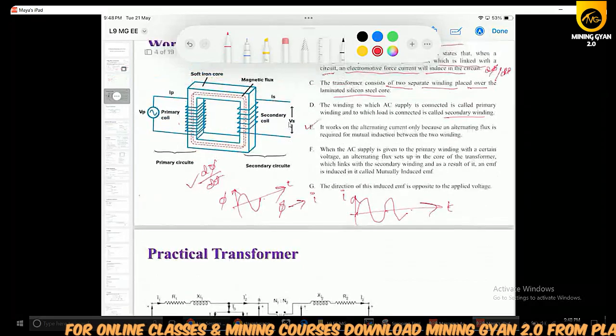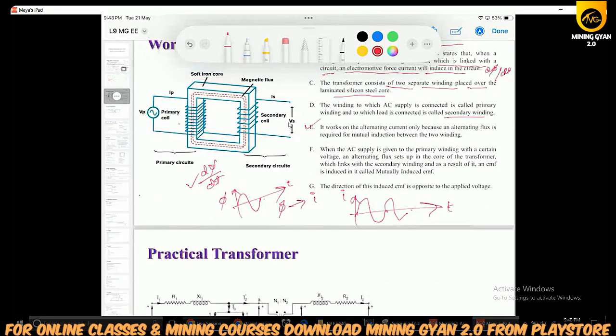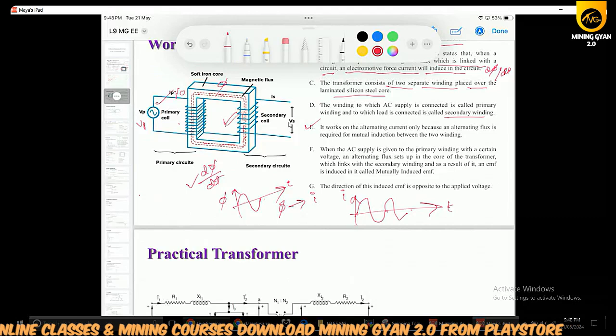Then when the AC supply is given to the primary winding with a certain voltage, that is V1, an alternating flux is set up in the core. If you apply the primary voltage, the primary current will flow through this circuit such that there will be a flow of flux, which will be alternating in nature, and this flux will be linked with this coil also.